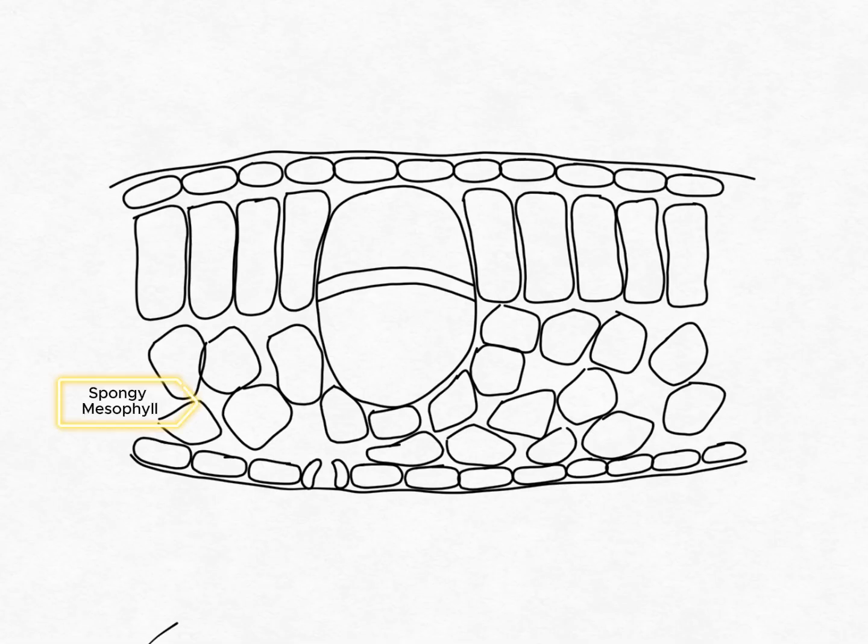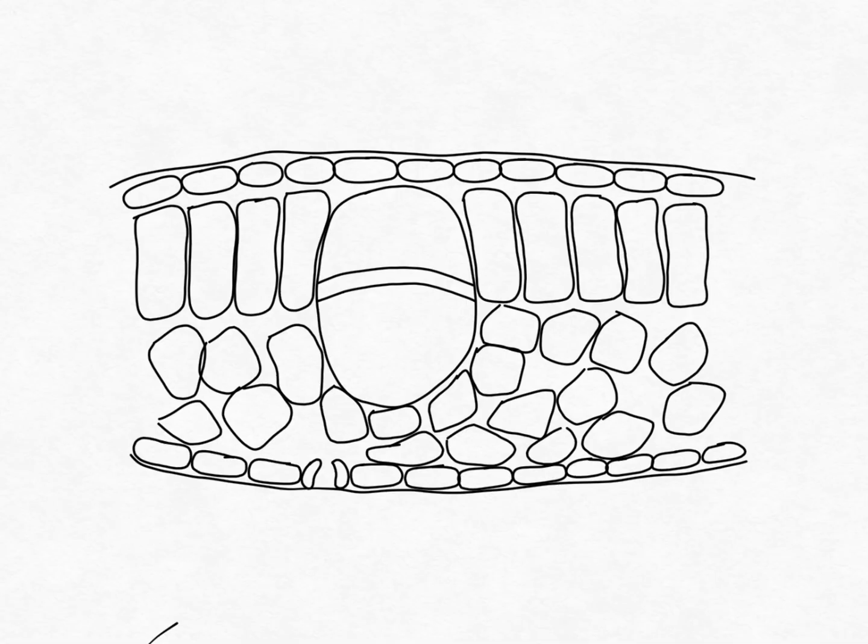The spongy mesophyll is then found at the bottom part of the leaf, and you'll see that there are a lot of air spaces in between the spongy mesophyll, and that is because the spongy mesophyll is responsible for gas exchange. Some studies have also shown that the spongy mesophyll can be used as a temporary storage for sugars and amino acids that have been produced by the palisade layer through photosynthesis and other processes.